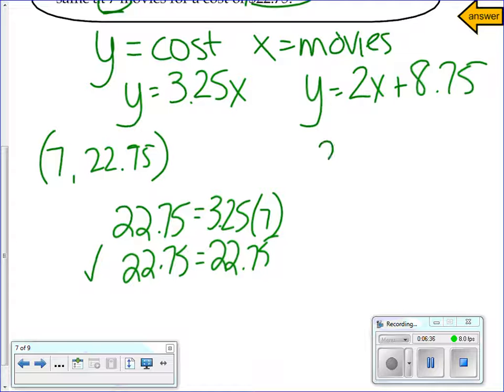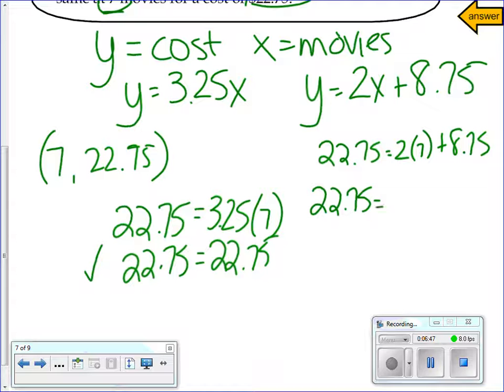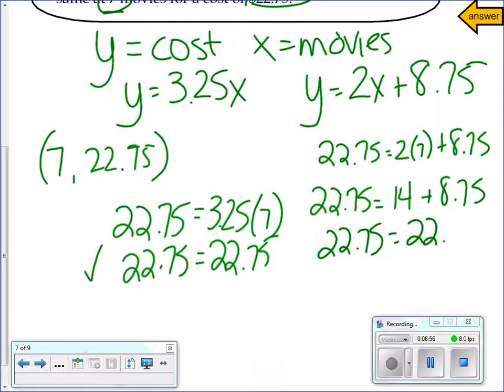And this one, $22.75 equals 2 times 7 plus $8.75. So $22.75 equals 14 plus $8.75. $22.75 equals $22.75. Check.